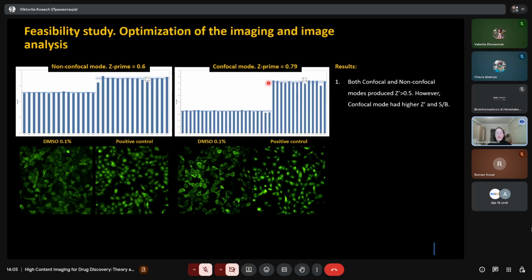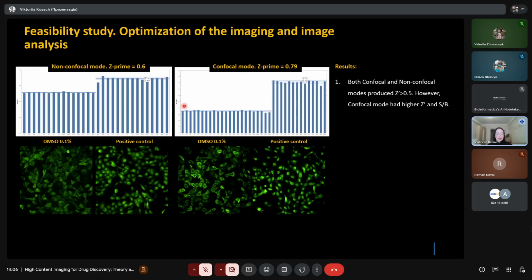As you can see, both modes of imaging produced a Z prime factor higher than 0.5, so it's a good assay. But you could also see that in confocal mode the signal window, the difference between our vehicle control and our positive control, was higher.